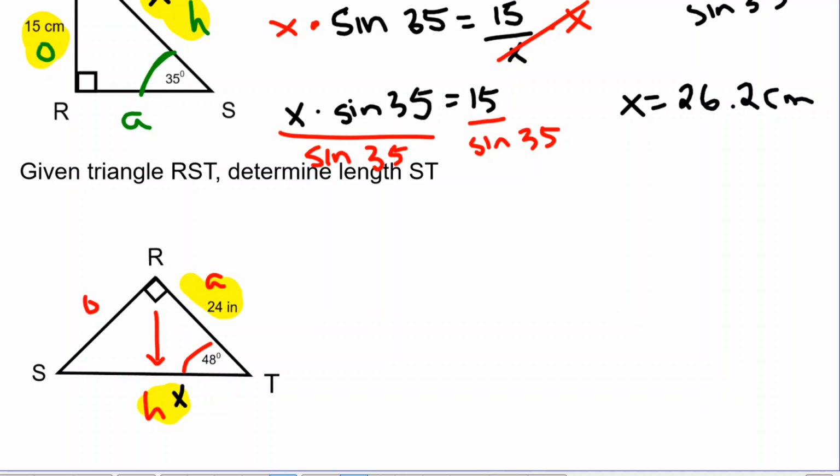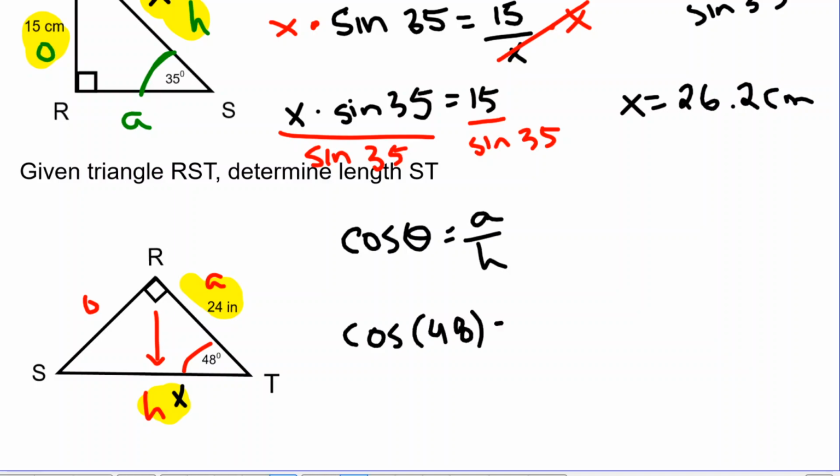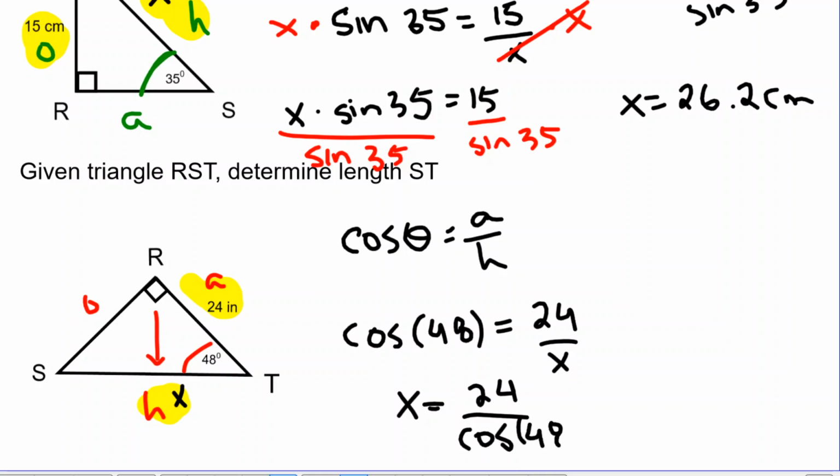I'm going to use cosine because cosine relates the adjacent to the hypotenuse. I plug in my values, cosine 48 equals 24 over x. Same thing we did before, the x is going to come up to the top when we multiply, and then we divide by the cosine 48. That's now going to show up in the bottom of the fraction.